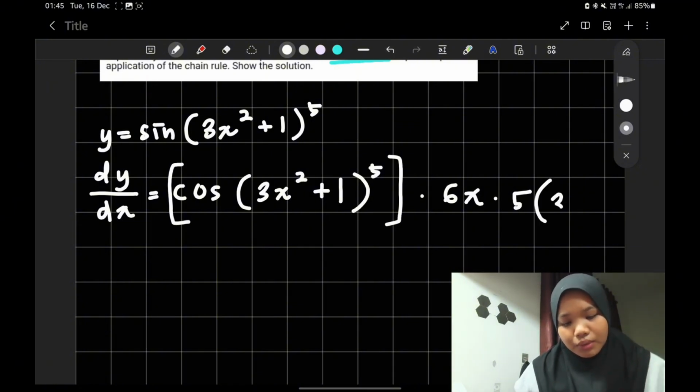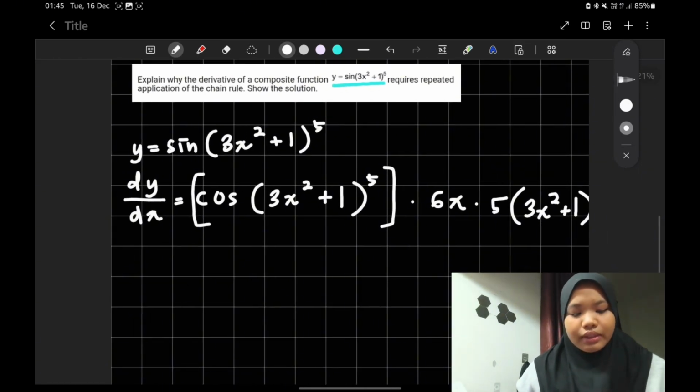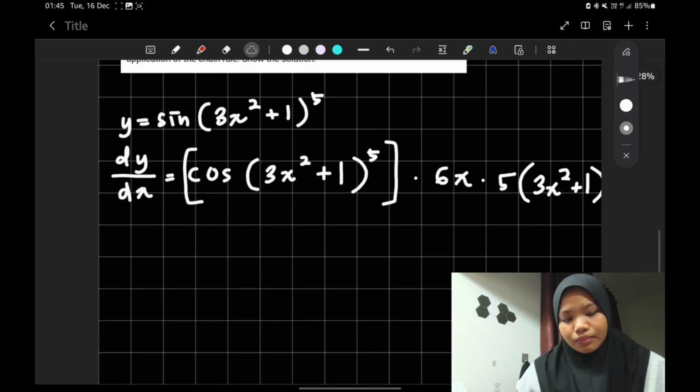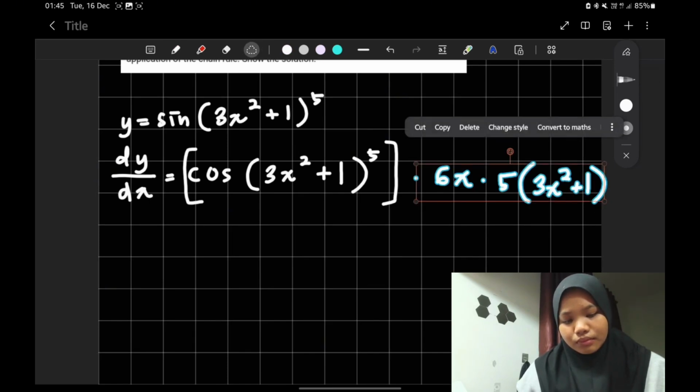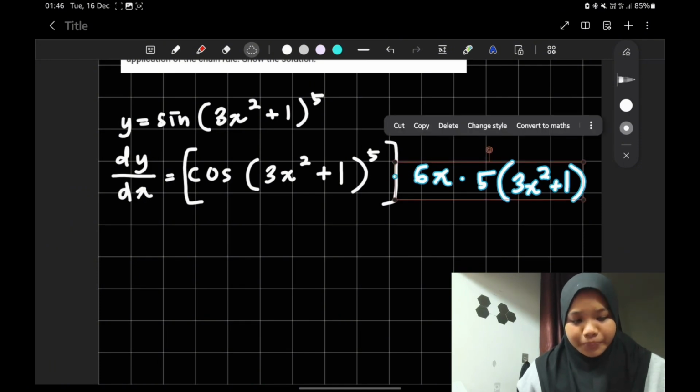The 5 will be at the front, and just write 3x² + 1 back, so the power will be 4.